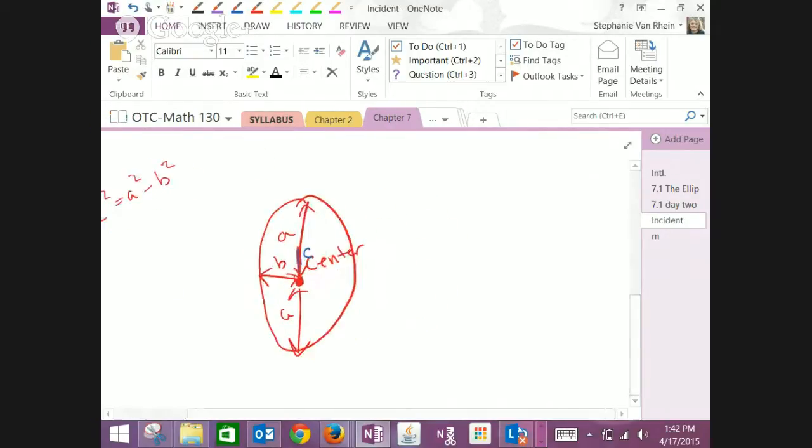So in this case, it would be x squared over b squared plus y squared over a squared equals 1, because A is always the larger one. And you always take c squared is a squared minus b squared.